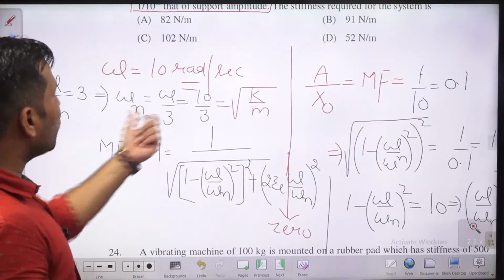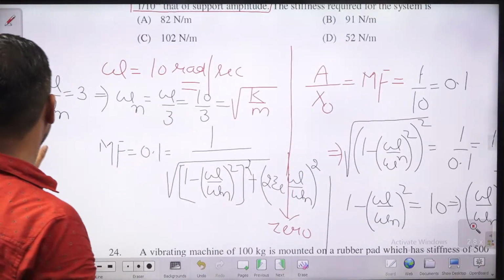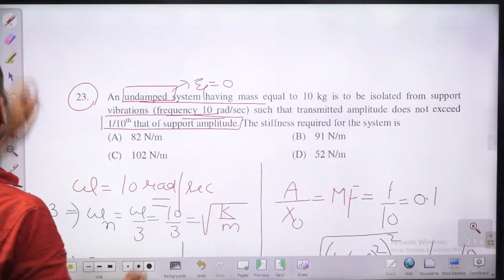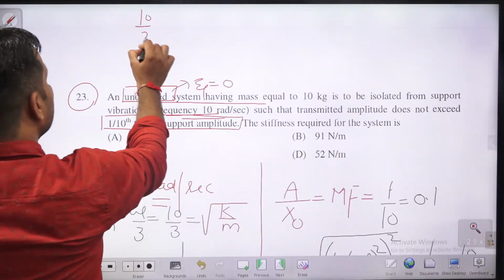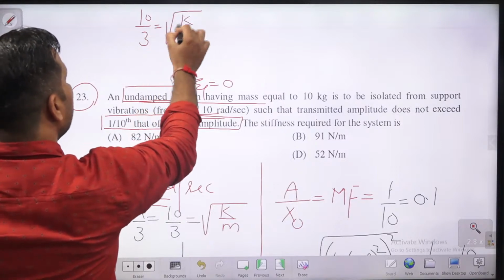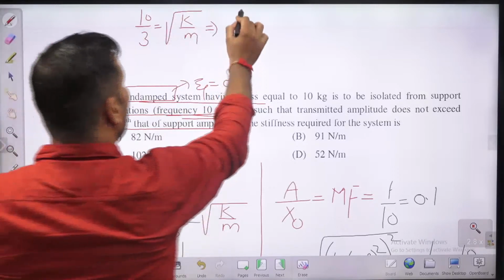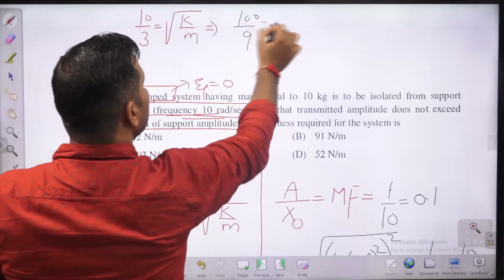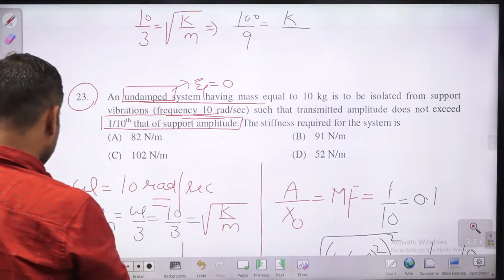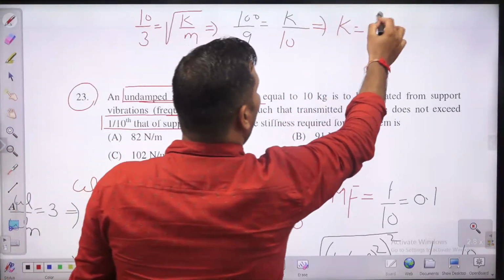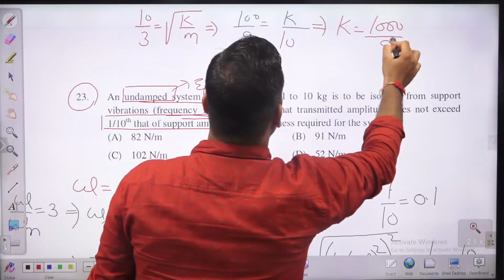So omega n becomes omega by 3, which becomes 10 by 3, equal to under root k by m. If you take square on both sides, 100 by 9 is equal to k by m. How much is the mass, guys? Mass is 10 kg. So the stiffness is 1000 divided by 9.